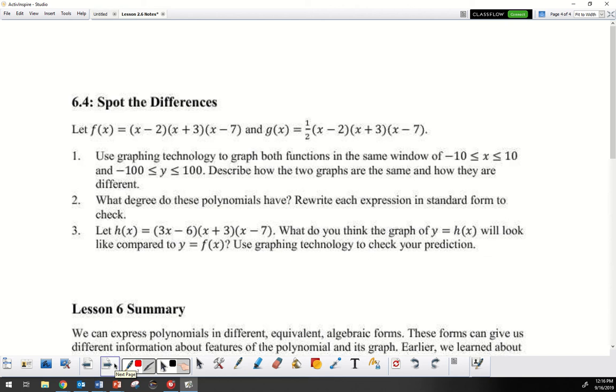What's different between these two functions? The fraction out front, right? Yeah. The fraction out front. Okay, but fractions are your friends, not food.